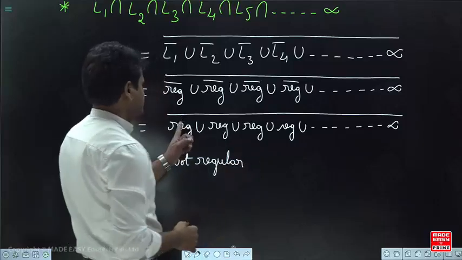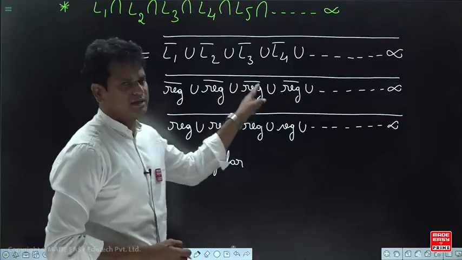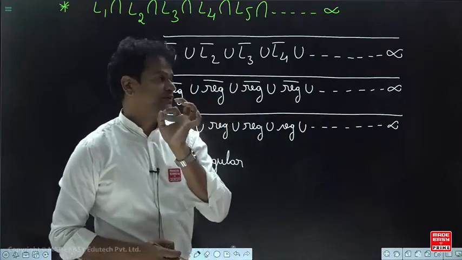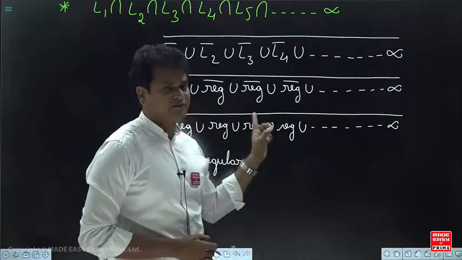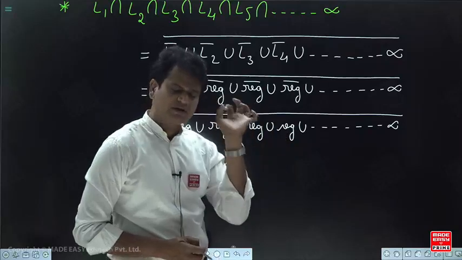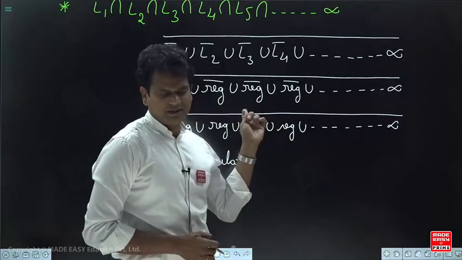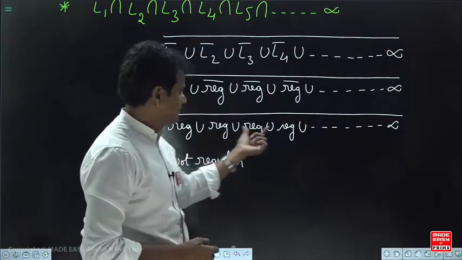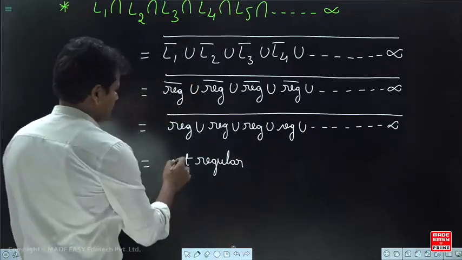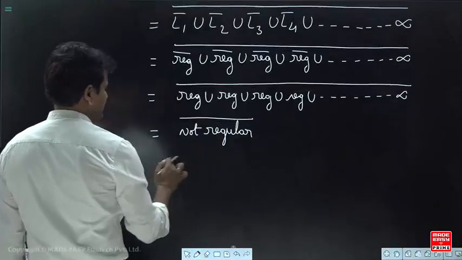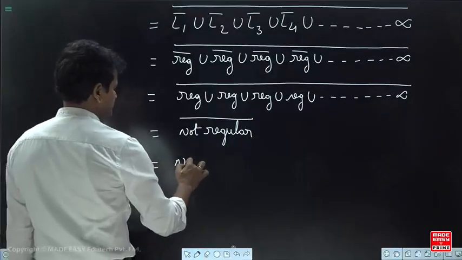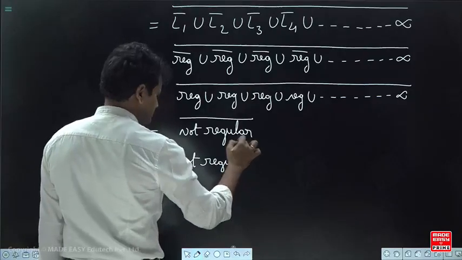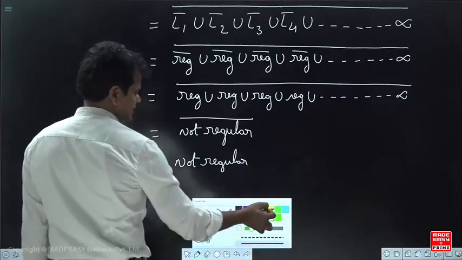So the union of infinite regular languages is not regular, and its complement, if a language is not regular, its complement is also not regular. If you have any doubt, just keep it. We will see it in the converse of the property. I will clear it.